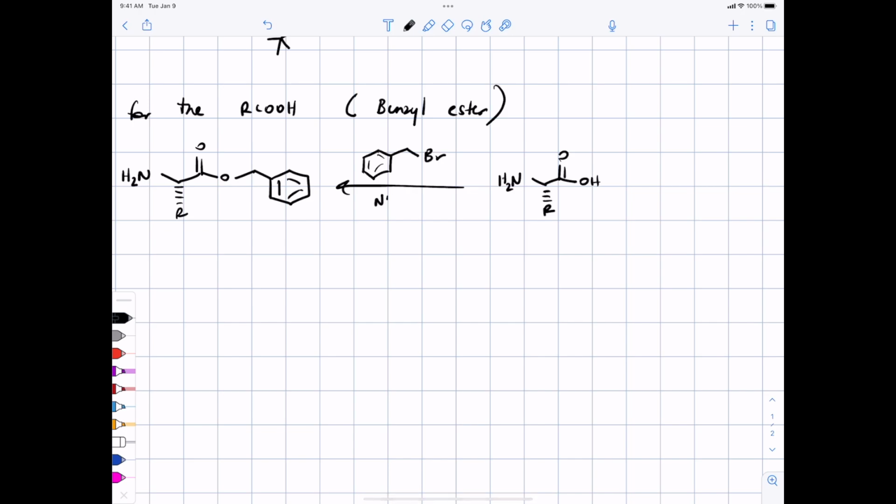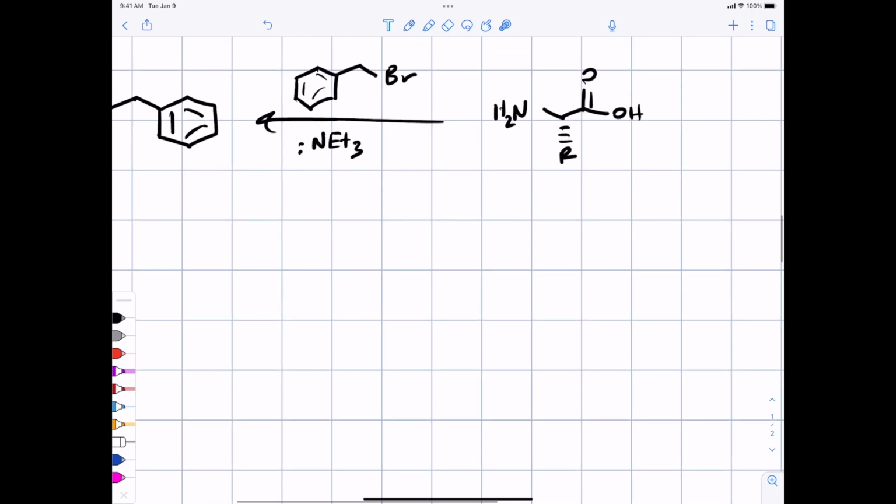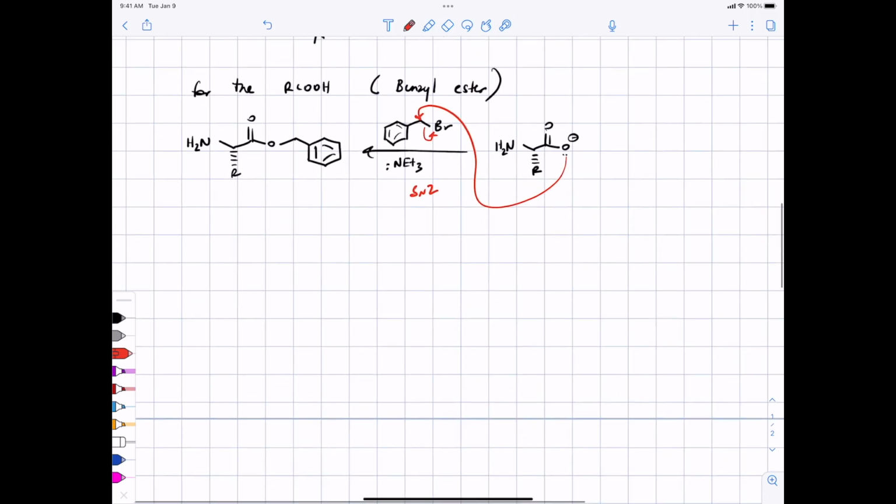You usually need a non-nucleophilic amine base to get the carboxylate, and then that is nucleophilic. Okay, so that reaction is easy. Notice this is different from ester formation under acidic conditions. We're making the conjugate base of the carboxylate, and we're doing an SN2 style reaction, all right?